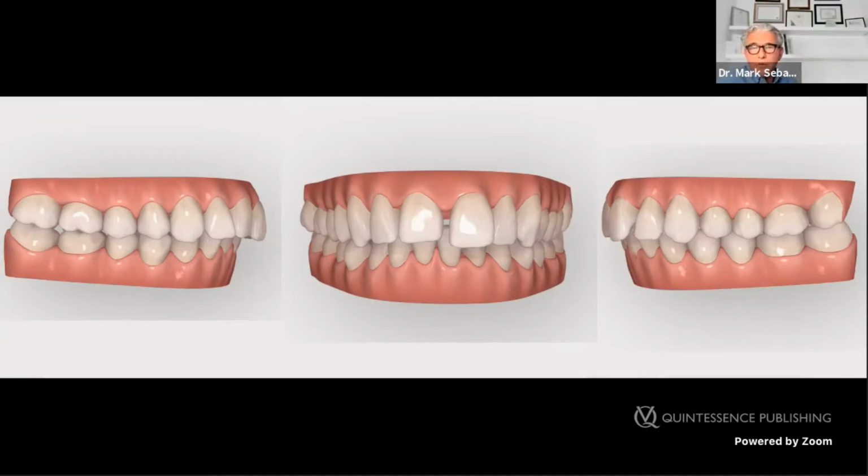On the left side, we have a class 1, perfect dentition. On the right side, we have class 2. In the front, we have too high an overjet and overbite. We have a diastema in the front.